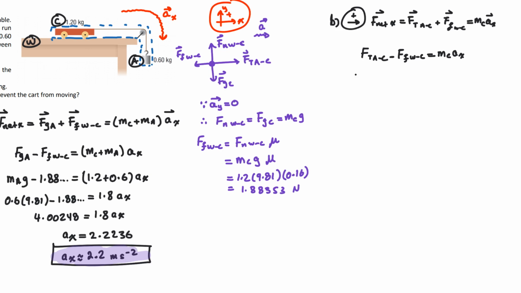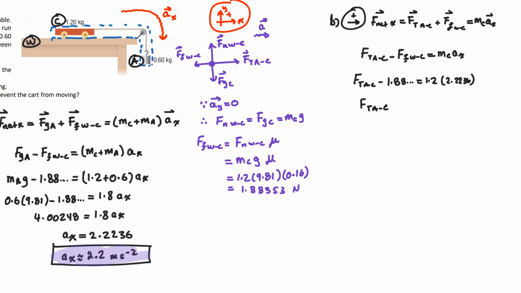I'm trying to find the tension force, so that's F_T AC minus the force of friction, which I calculated right here. So that's going to be 1.88. That's going to equal the mass of C, which is 1.2, multiplied by the acceleration, which I have found as 2.2236. I will plug this into my calculator.